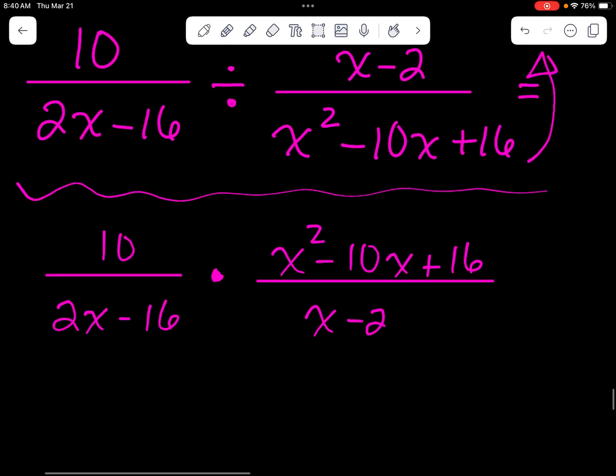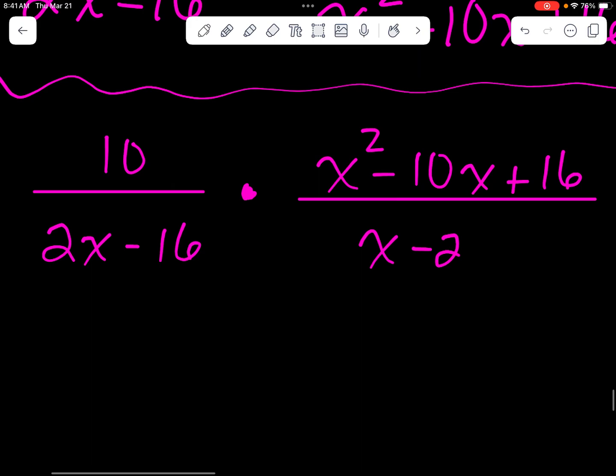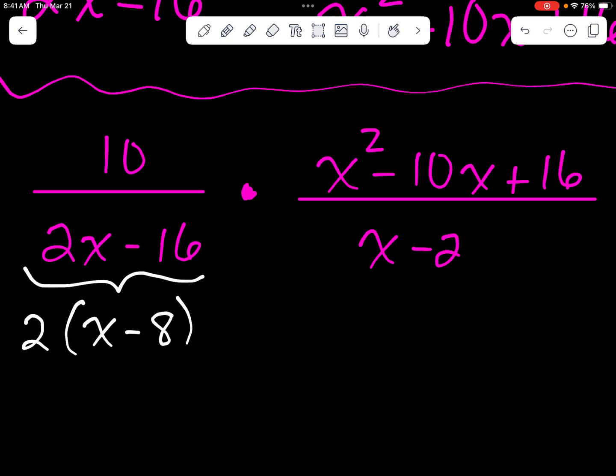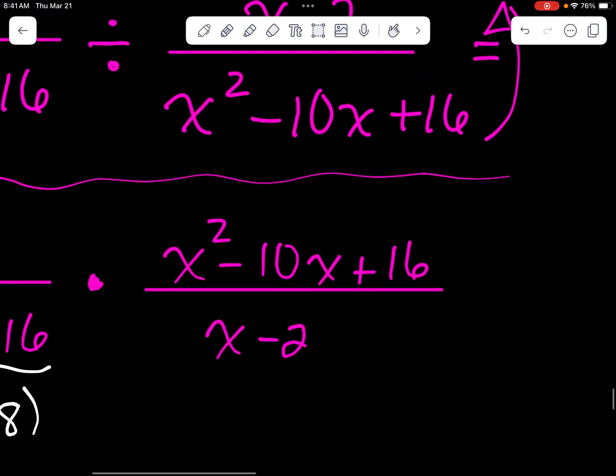In this problem, we are going to have to do some factoring. If I look at the bottom part right here, we need to do a greatest common factor. That would be 2. So I can factor out a 2. That leaves me with x minus 8. And if I look at the top right here, this is a quadratic where a is 1. Since a is 1, we are going to play what two numbers?